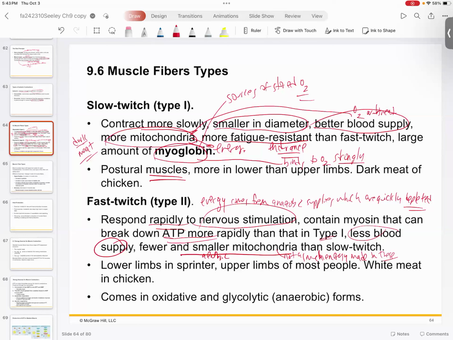So this is like your sprinter, right? Your sprinter muscles, your lower limbs, your upper limbs. This is because they don't have a lot of blood in them. This is the white meat of poultry because there's not a lot of blood in there. And so all of your energy is going to be in this anaerobic pathway.